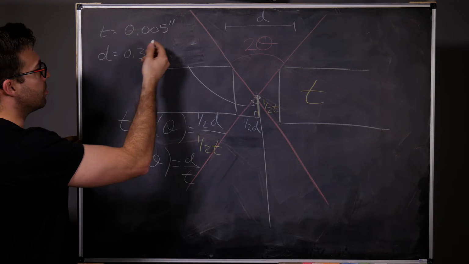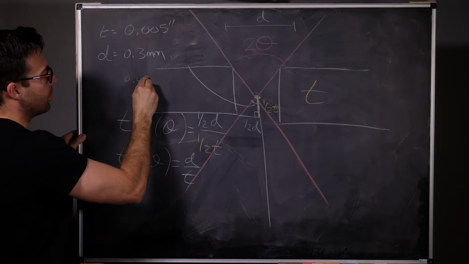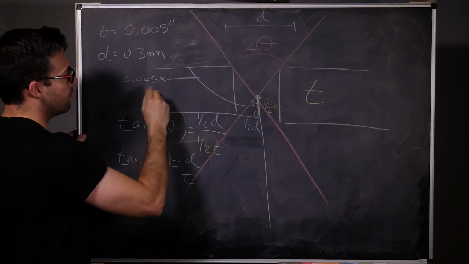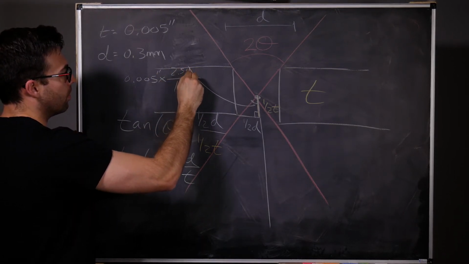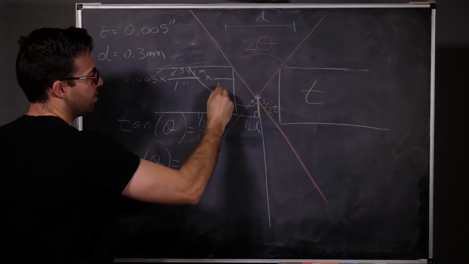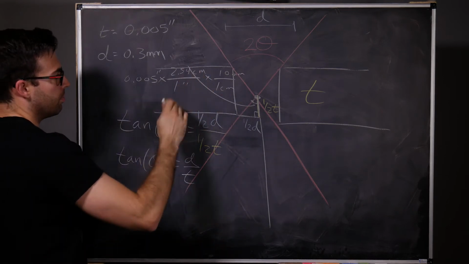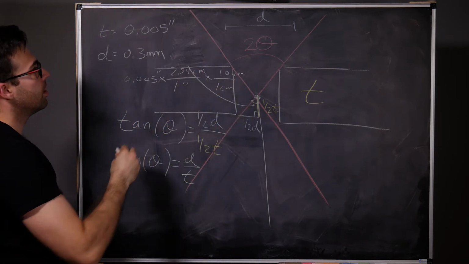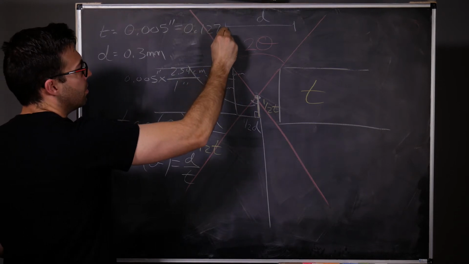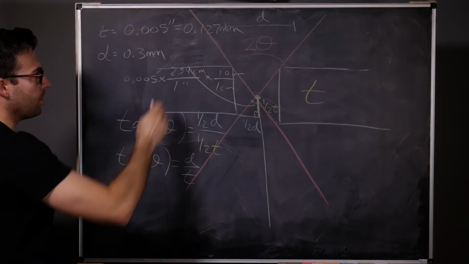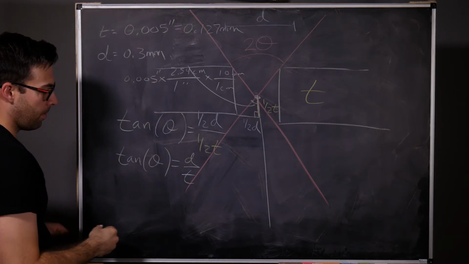Or we can use dimensional analysis, and we would just take 0.005 times, this is inches, 1 inch is 2.54 centimeters, and 1 centimeter is 10 millimeters, right? So instead of doing that, we can just plug it in. So this ends up becoming 0.127 millimeters.